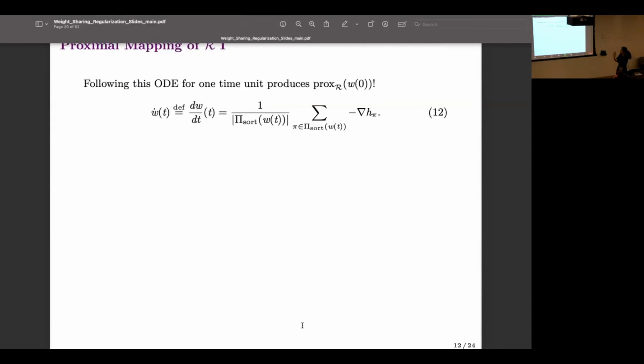We write an ODE and then compute the prox based on the ODE. Let's see what this ODE is saying. It's saying that W dot, the velocity of each W, is this. What is this? It's just one member in the subdifferential.